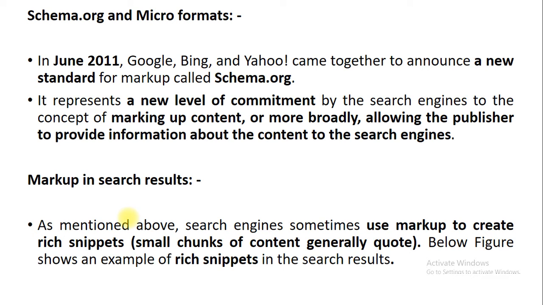Next is called markup in the search result. In this point, we have seen that markup is used to create rich snippets. A snippet is nothing but a small chunk, a small piece of content. Generally, when we quote something, that chunk or piece of information can be referred to as a rich snippet.